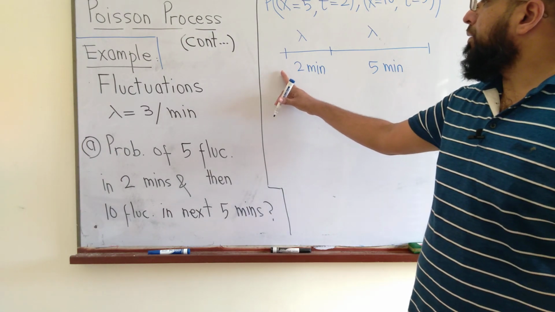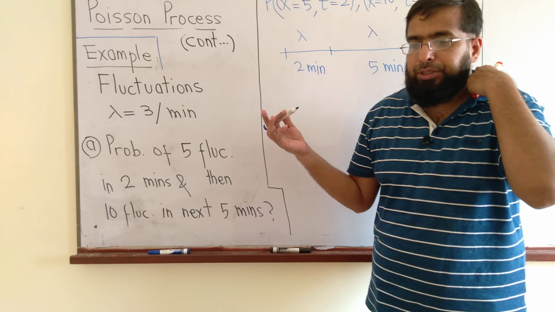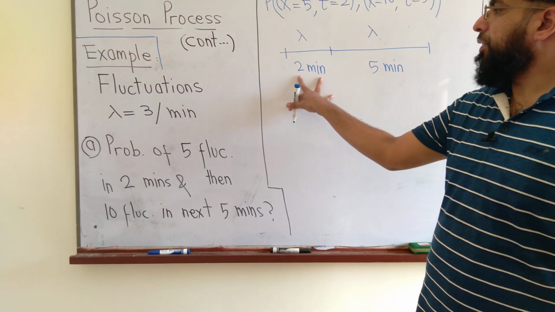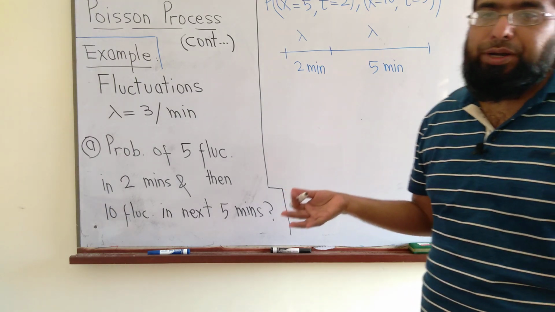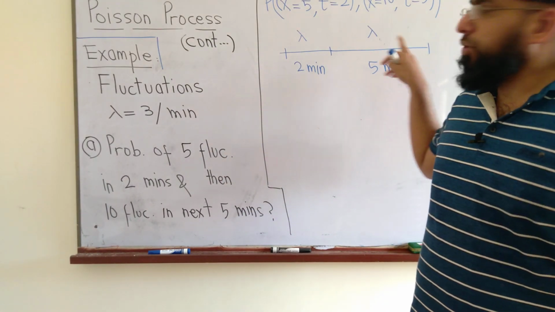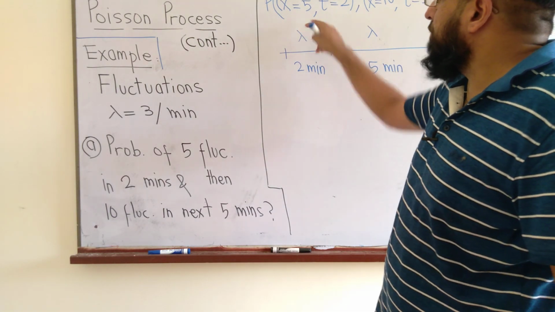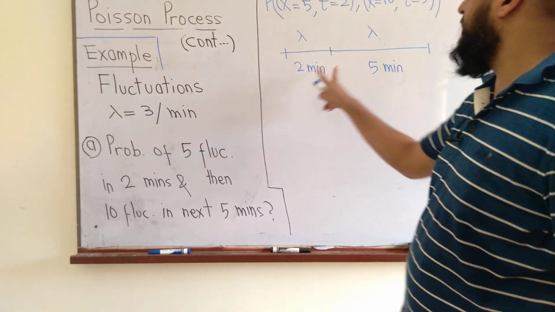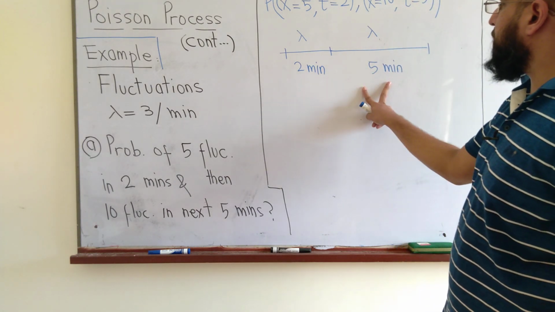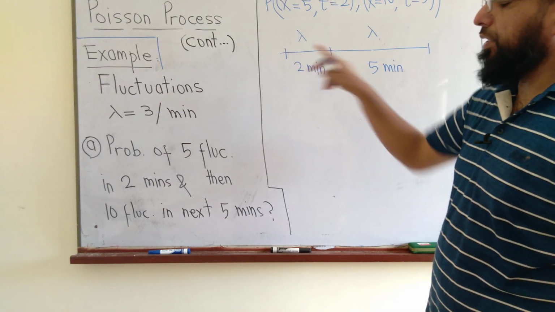Since the Poisson process does not show any dependence between non-overlapping intervals, we have already studied that any non-overlapping intervals are independent of each other. So the probability of having 10 fluctuations in this span is independent of having 5 fluctuations in this span.